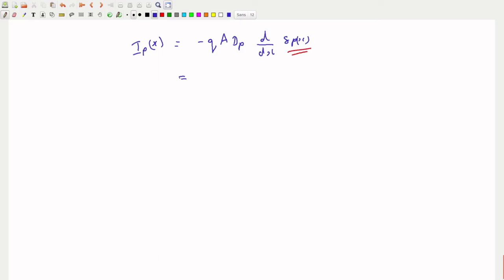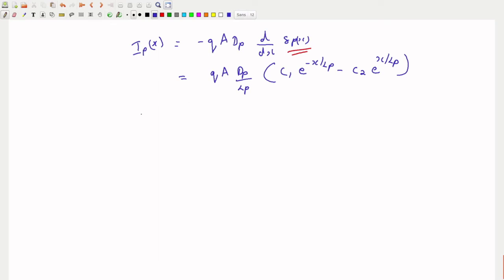So that QA DP by LP, C1 e raised to minus x by LP minus C2 e raised to x by LP.